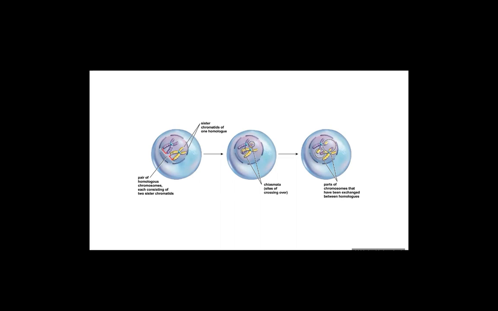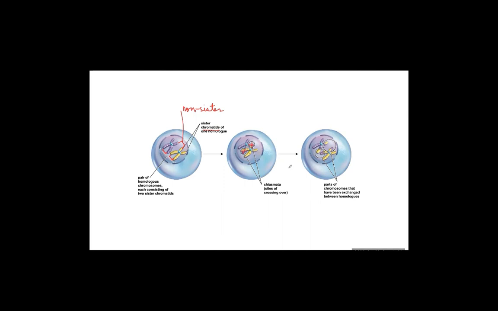So if we call these and these sister chromatids, these and these are what? Non-sister chromatids. Between non-sister chromatids, crossing over occurs. The site of crossing over is called chiasma or chiasmata. Can you see this X portion? Here's the X portion.